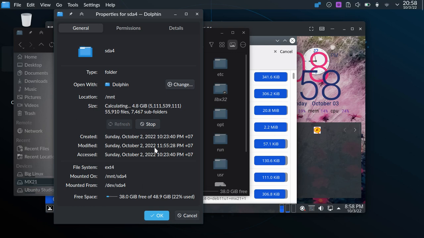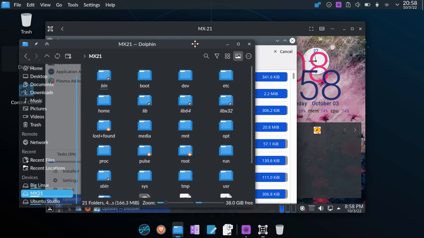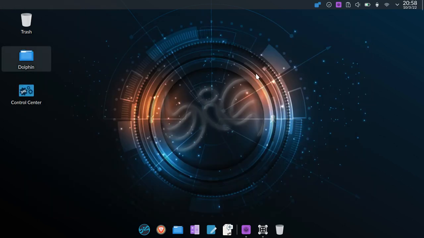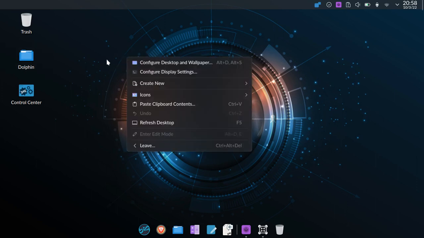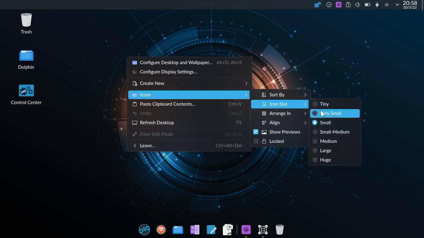I put it on SDA4. I still could erase this one and just go on with my Big Linux. It's kind of cool. Very light. I don't have any issues with this one. It's very light and I like it.